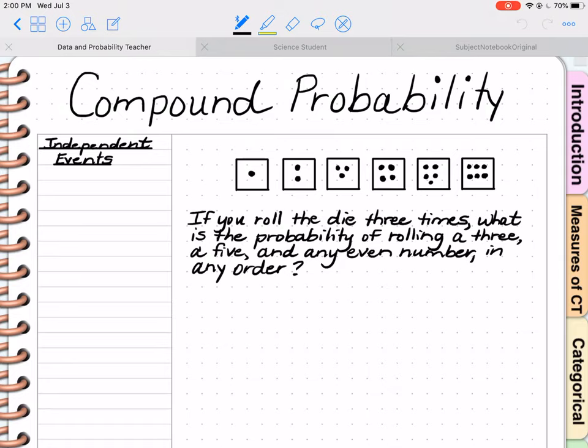They stand alone. So an independent event in mathematics is a second event that does not depend on a first event.